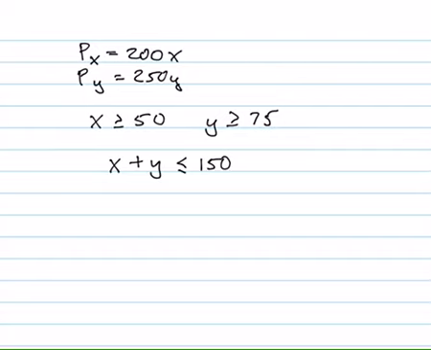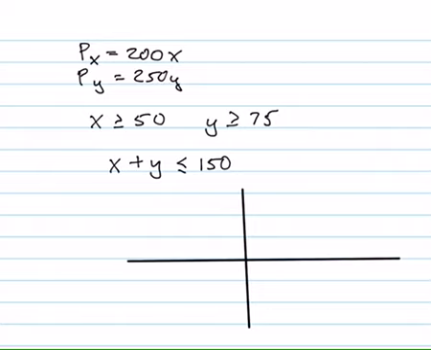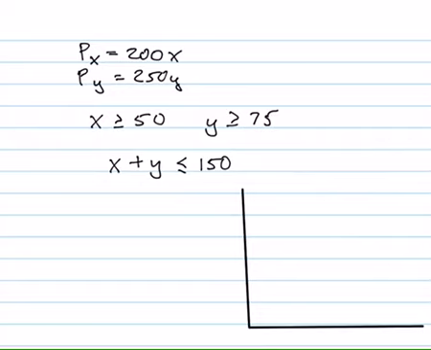So this is a problem where we're going to draw a couple of lines in here. All right, let's call this equation the red one. X has to be greater than or equal to 50.